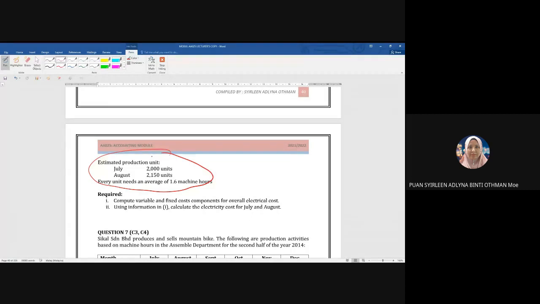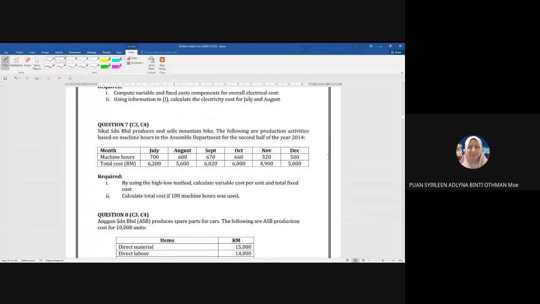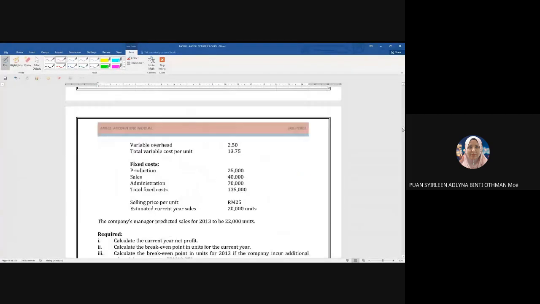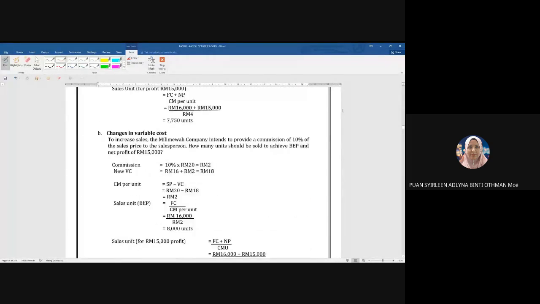So to get the total machine hours for July and August, I kena darab 1.6 dengan unit. Then I am able to get the machine hours for July and August. Baru saya boleh ganti masuk dalam cost function. Tapi since yesterday nobody asked me about this, that means I assume semua faham lah, kan?